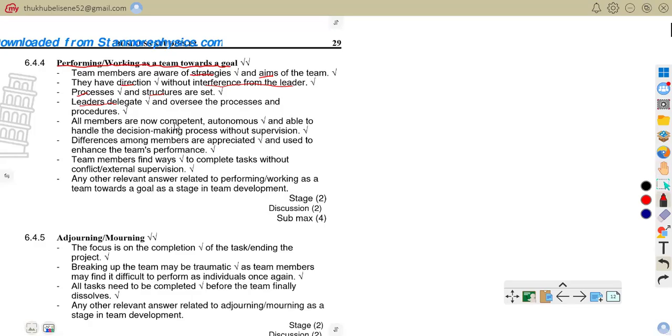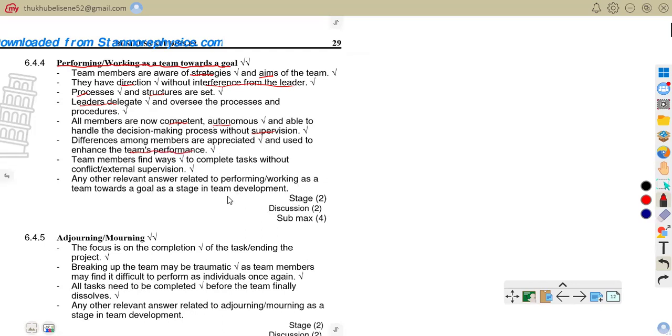All members are now competent. They can deliver, are autonomous, and are able to handle the decision-making process without supervision. Differences among members are appreciated and used to enhance the team's performance.